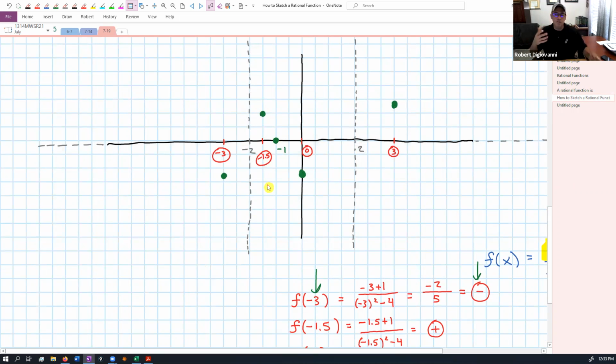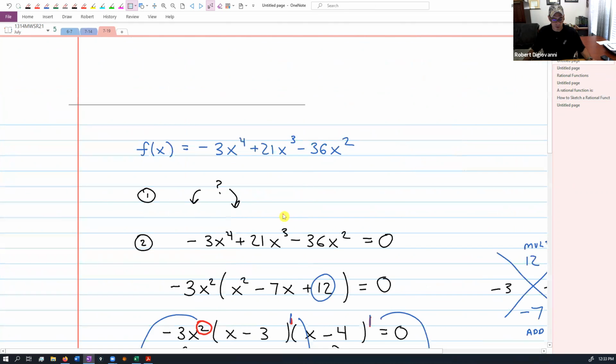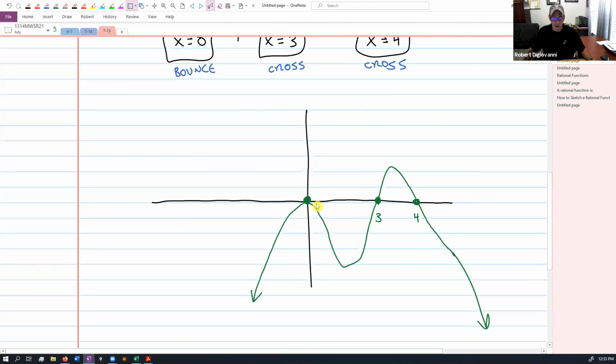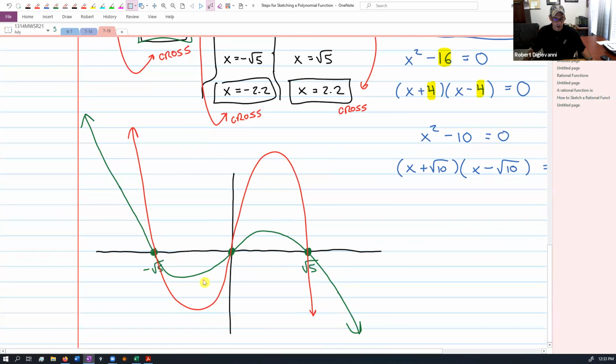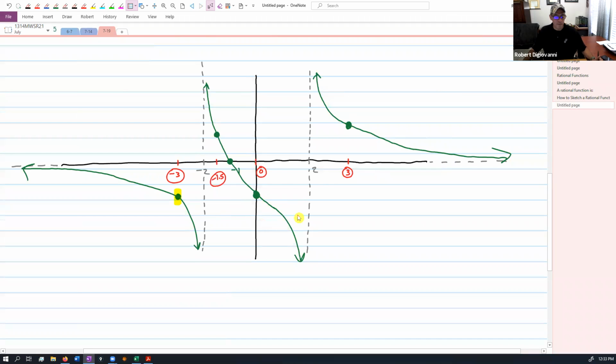The reason goes back to polynomials: we were doing these graphs and we didn't really know how high or low they went. I said, people are going to get different answers. Don't worry about how high or low your things are going to be. It's the same thing in the sense that all we care about is whether these dots are below or above. That's what we need to be able to draw the rest of it.